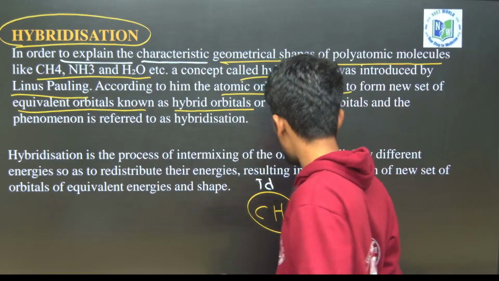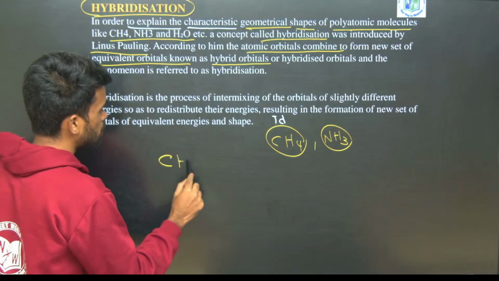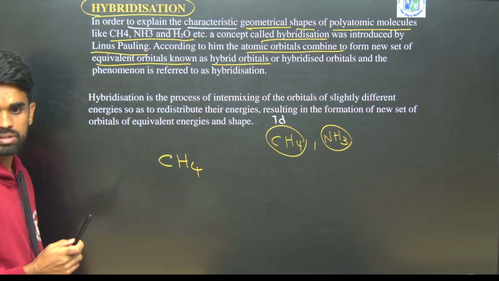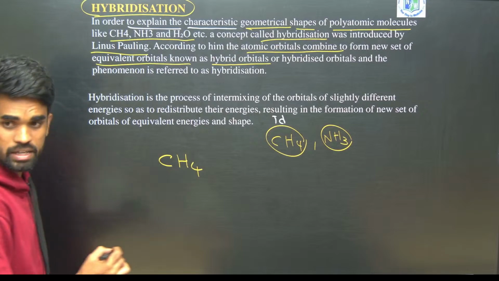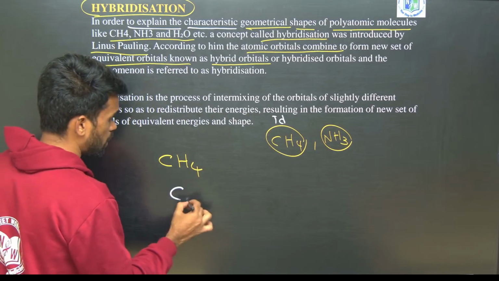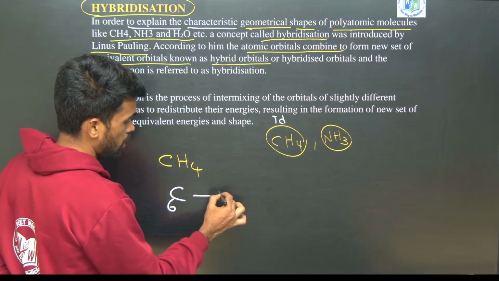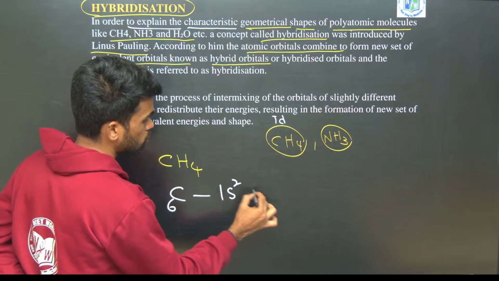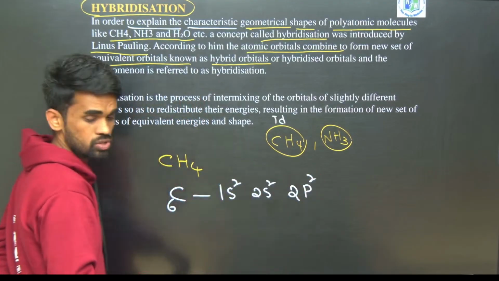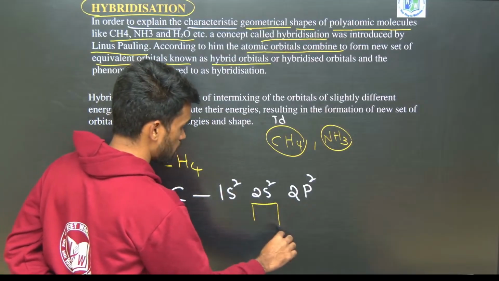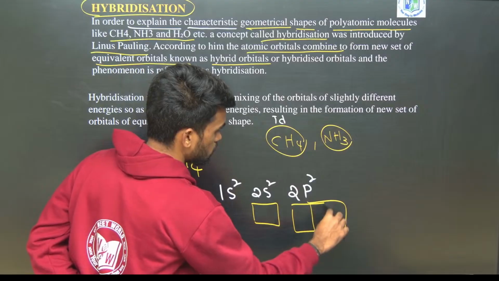For example, what are these atomic orbitals? Look here. In the methane molecule, what is the central atom? Carbon. Its atomic number is 6, so the configuration is 1s2, 2s2, 2p2. Now represent the orbitals: 2s and 2p, where there are three p orbitals.